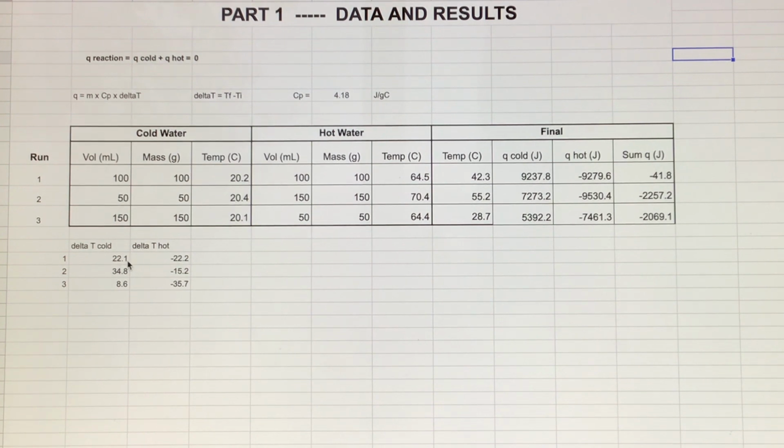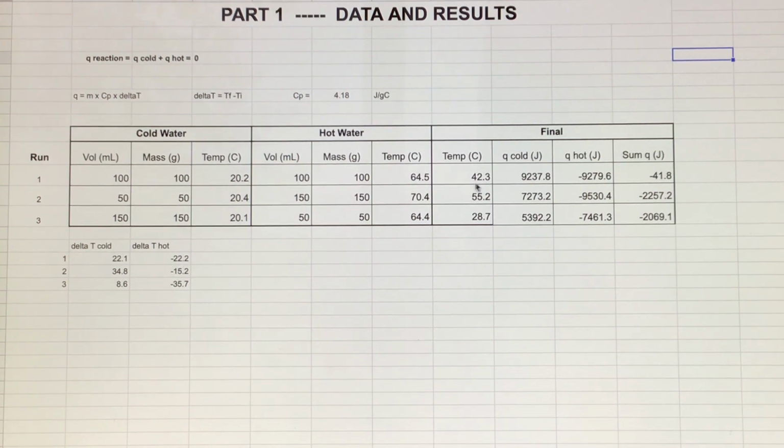As you can see, the delta T is in absolute value exactly the same for both cold water and hot water, only they differ in sign. This is positive and this is negative, which means that the reaction for the cold water was an endothermic reaction, while for the hot water it was an exothermic reaction.